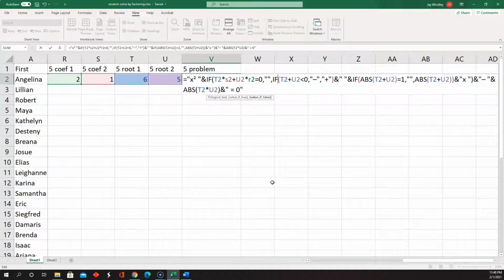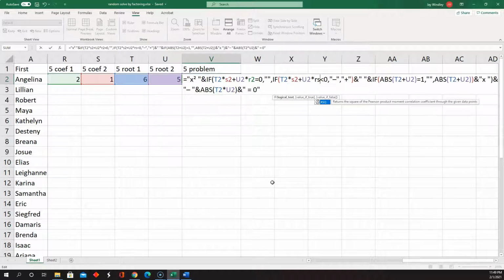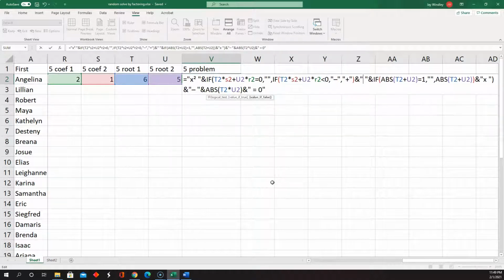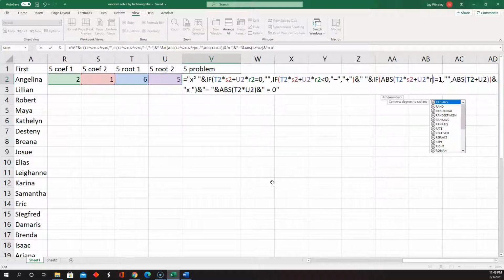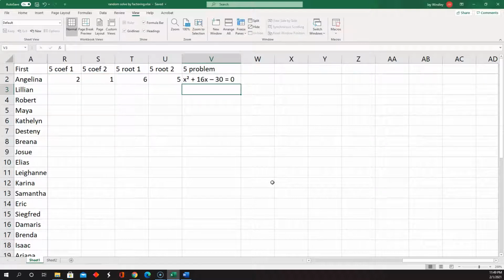So all of these have to become t2 times s2, u2 times r2 because of the way we're foiling. t2 times s2, u2 times r2. t2 times s2, u2 times r2, t2 times u2 at the end, that's fine.